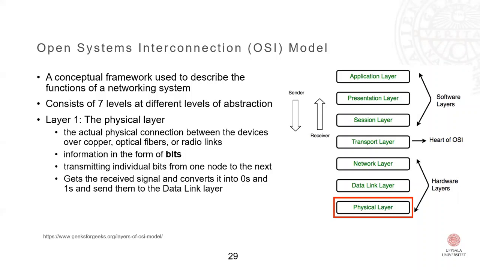The connections nowadays can be in the form of copper wires, optical fibers, or radio links. And this layer talks about how data, which is in terms of bits, is transmitted into waves and signals, and how it is sent on the very low-level connection devices.